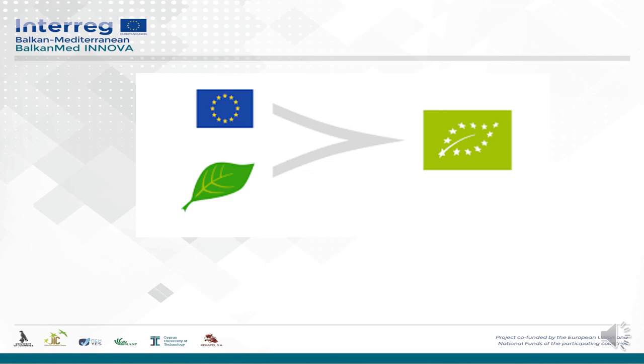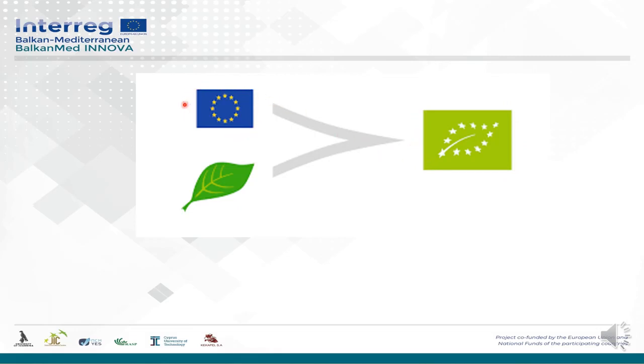About the logo, I'll try to show you the idea that led to the present logo. Let me find the pointer. Okay, so this is the EU logo of organic production.